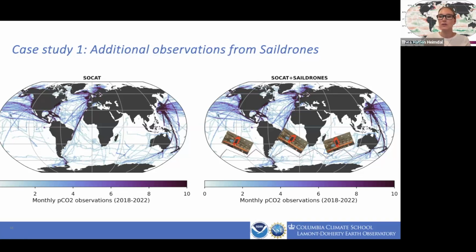Then we tested two different strategies. With one strategy, we sent out 4 sail drones, and with the other, we pretend to send out 10 sail drones. And then we do our machine learning and see how well we're doing.